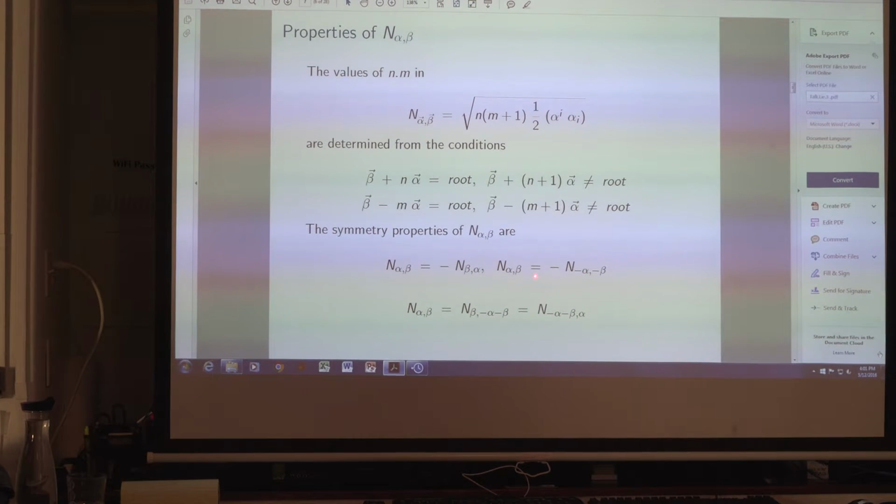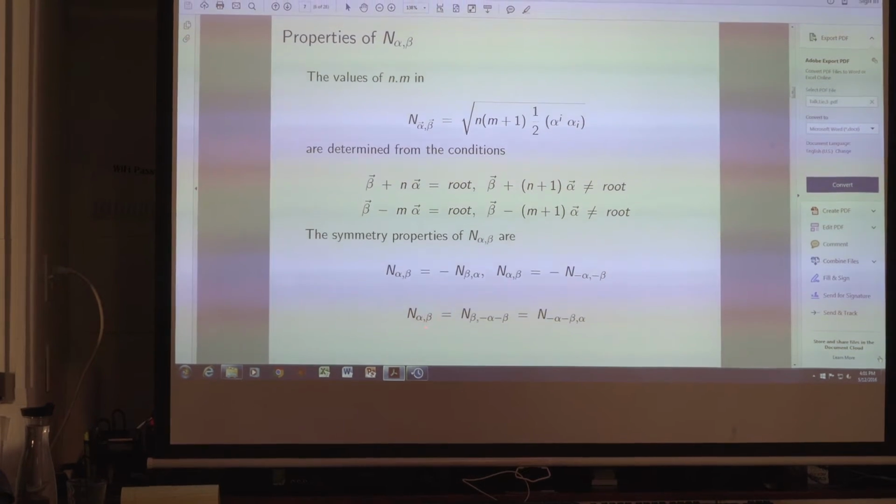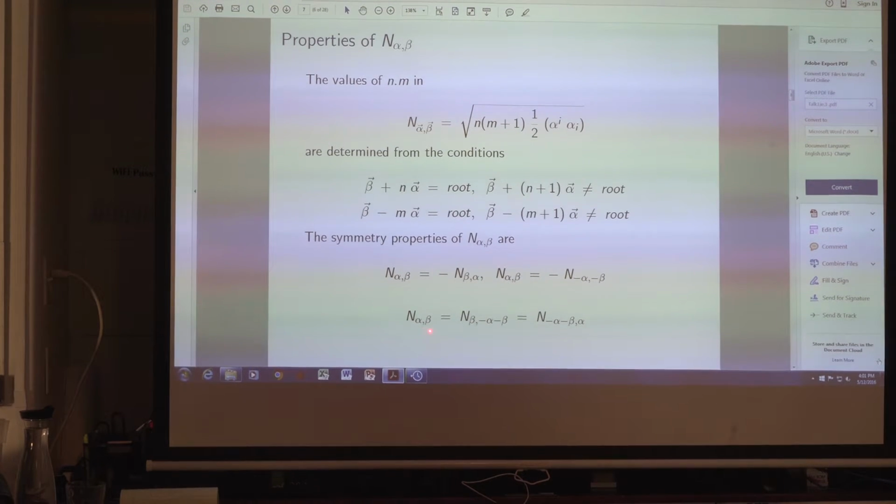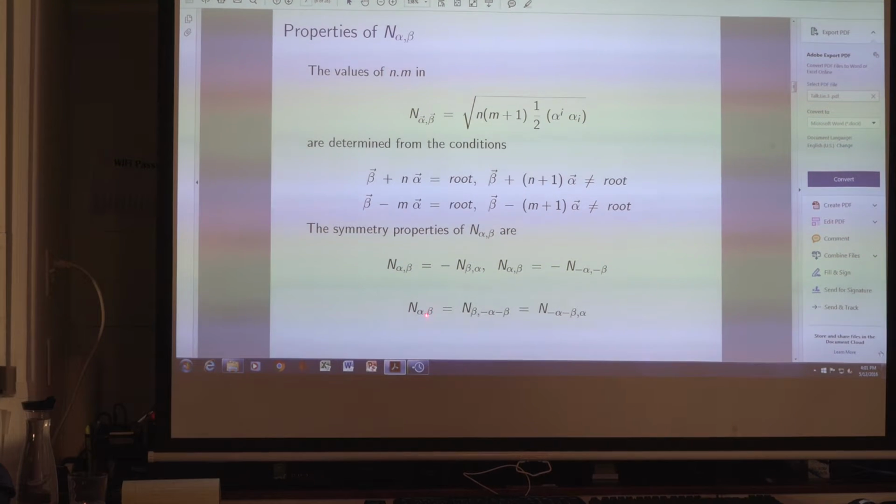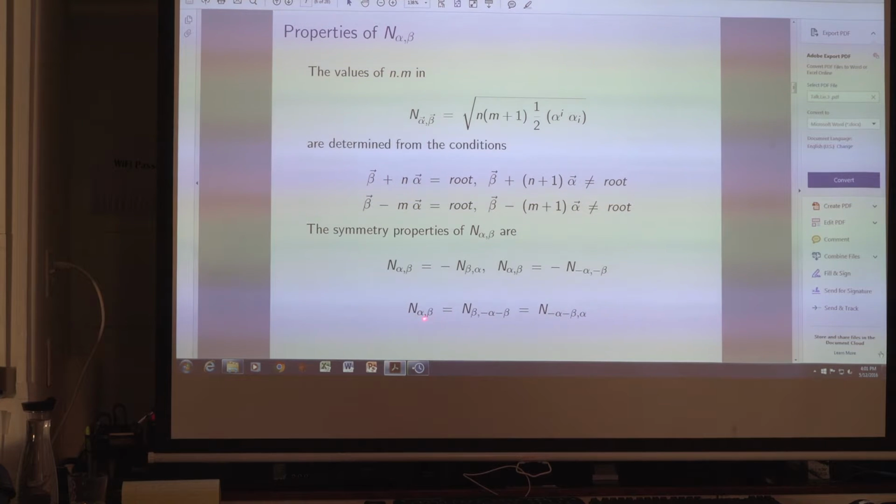And here you flip beta to the left-hand side, and on the right-hand side you replace it by minus alpha plus beta.